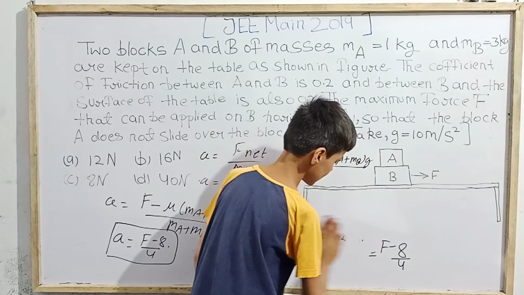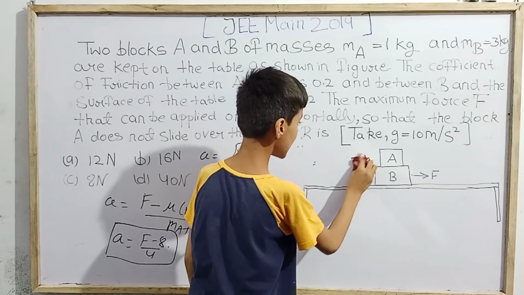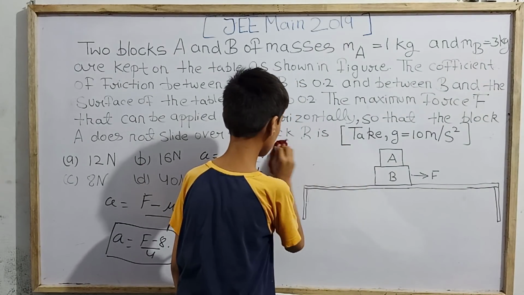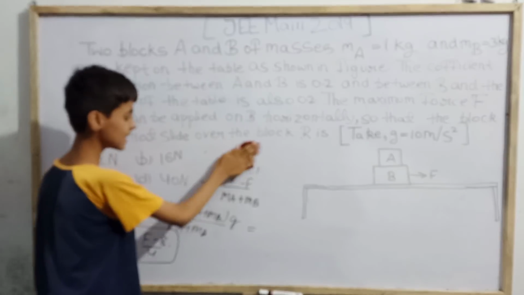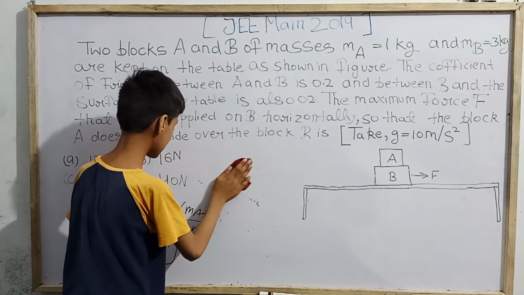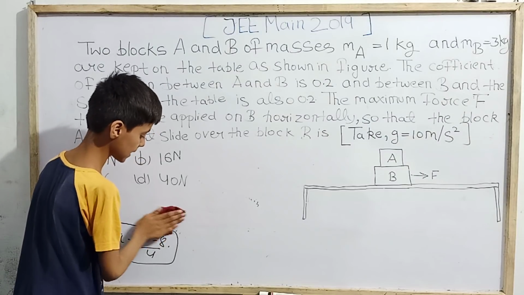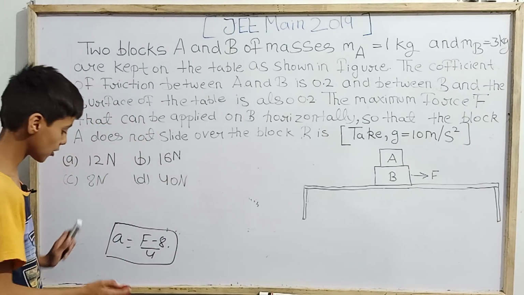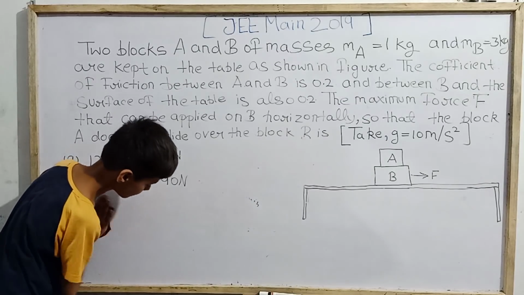Now let me erase it. Using this formula and some more concepts, it is a very easy question, and we can easily find the maximum force that can be exerted.